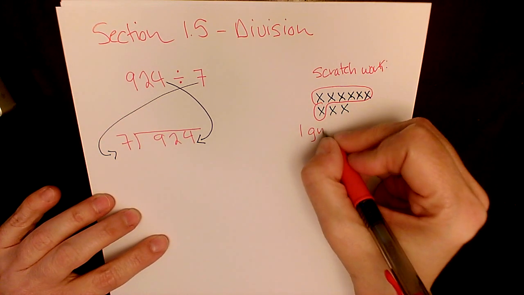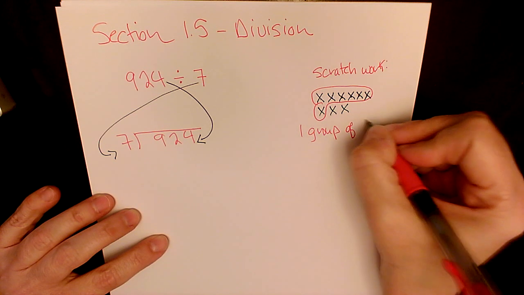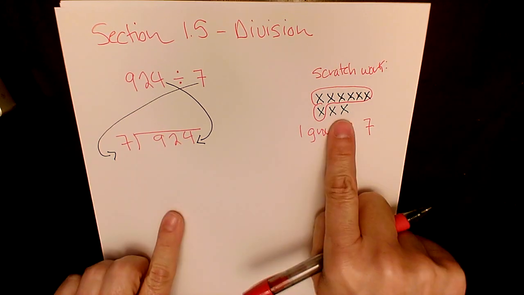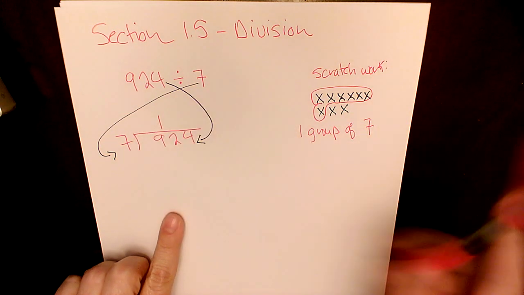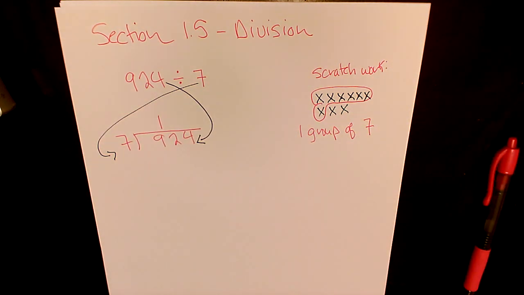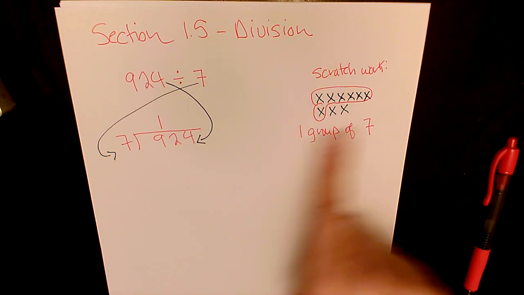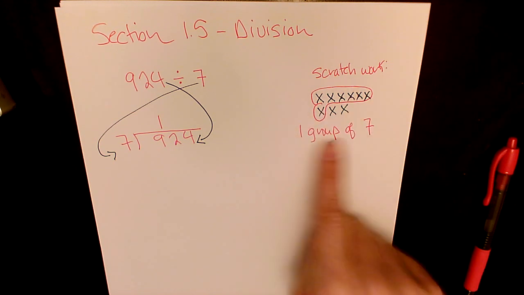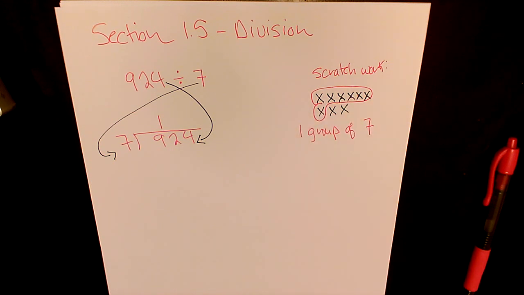So this is just one group of 7. We know that 7 goes in here once, and we put it above the 9, because there's one group of 7 in 9. We could only circle one complete group of 7 out of this group of 9 X's.